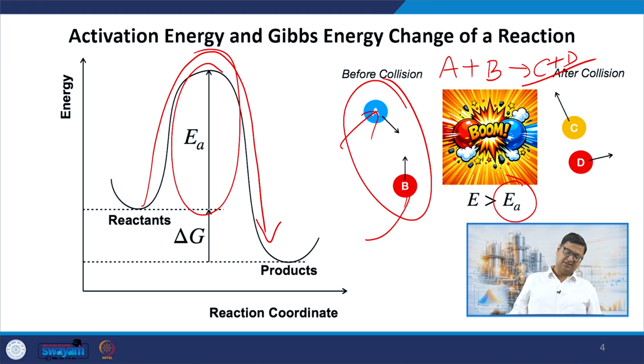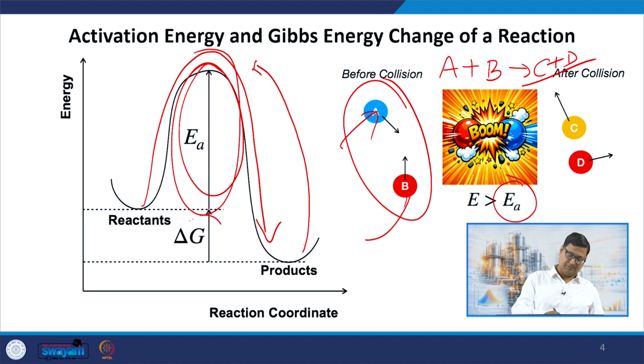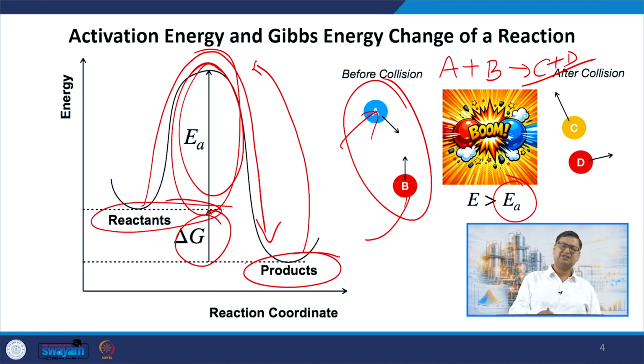And in fact, the reverse is also possible. The products also can get activation energy, now equal to this plus this, and can again go back to the reactants, right. Gibbs free energy change, on the other hand, is the energy of the products minus the energy of the reactants, right.